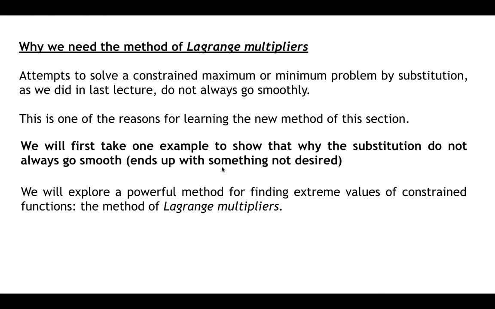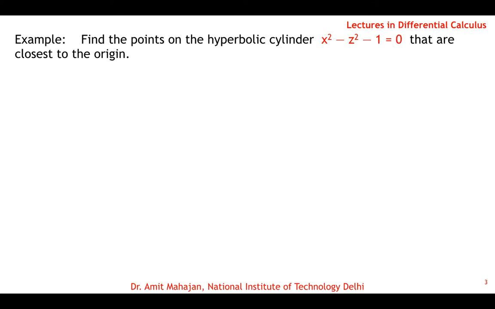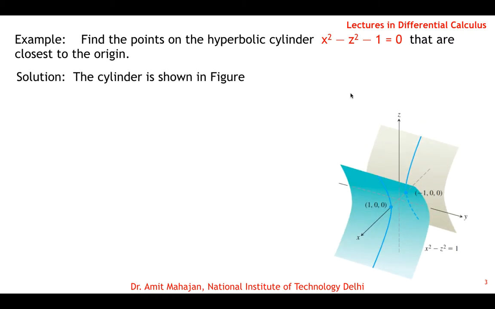So let us first take one example: find the points on the hyperbolic cylinder given by this equation that are closest to the origin. If you look at the geometry, this is the x-axis, y-axis, and z-axis, and this is the hyperbolic cylinder given by the equation x square minus z square minus 1 equal to 0.